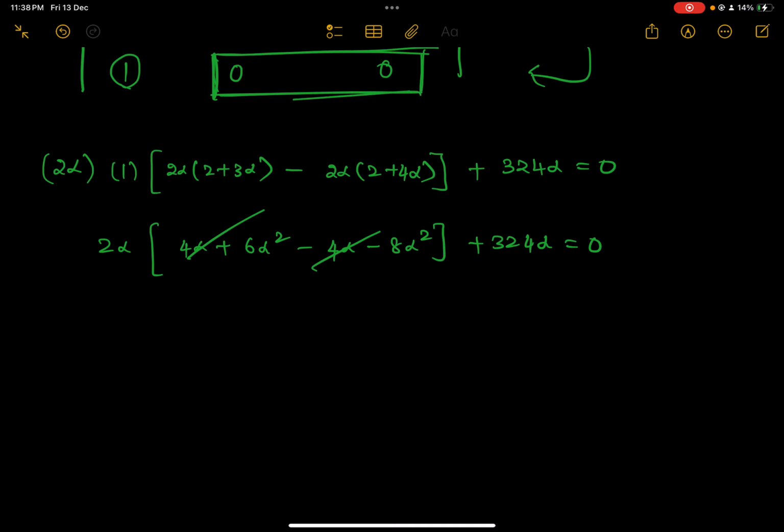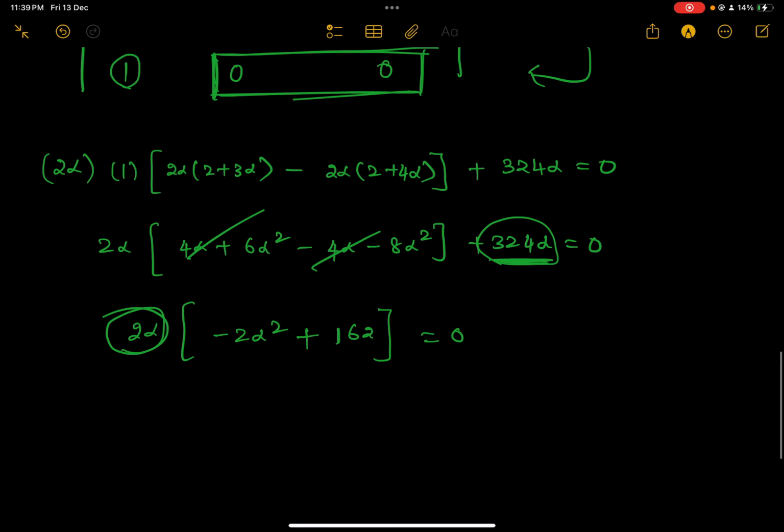So that will be, we can take 2 alpha common, so that will be 6 alpha square minus 8 alpha square, that is minus 2 alpha square. 2 alpha is common in 324 alpha also, this will be plus 162, that's all, is equal to 0.